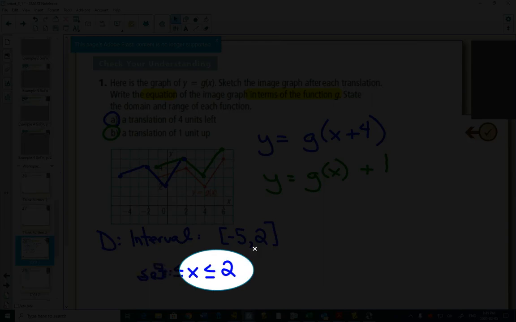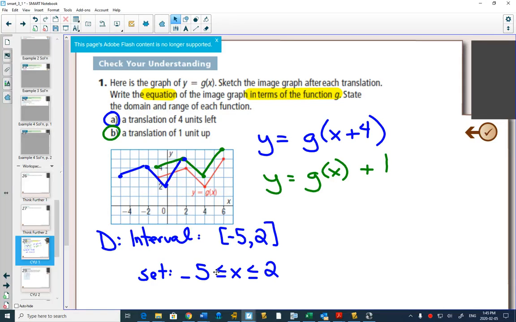Whereas the other half says x is less than or equal to 2. Which is true, right? X is bigger than that -5, but less than that 2. So when you put them together, that's why that notation works that way.